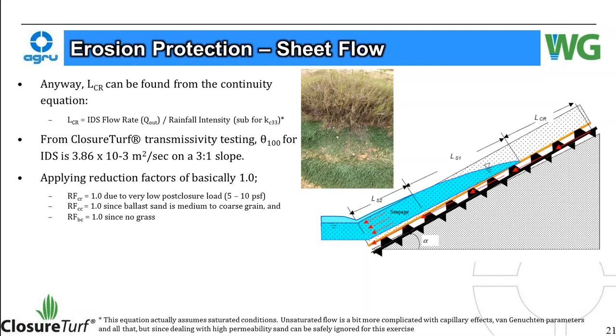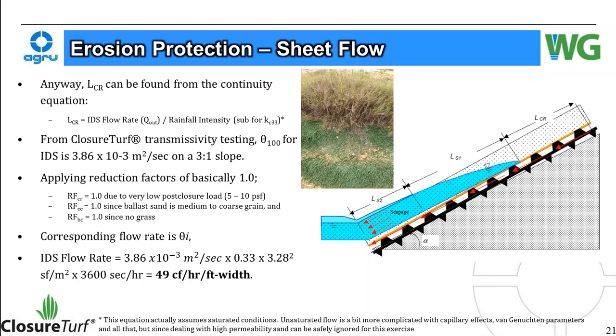So biological clogging factor of 1, we'll calculate the corresponding flow rate then as the transmissivity times the gradient, using those numbers and applying conversion factors to get to English units. We have 49 cubic feet per hour per foot of width.